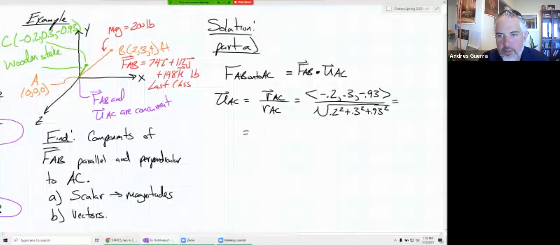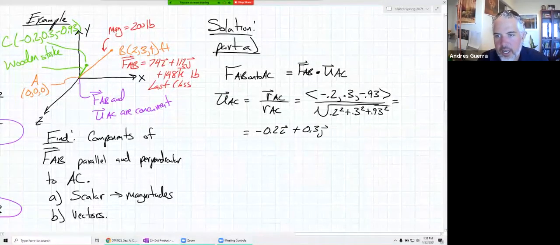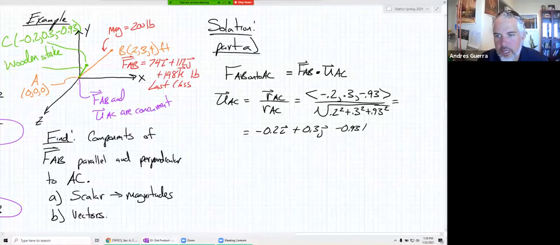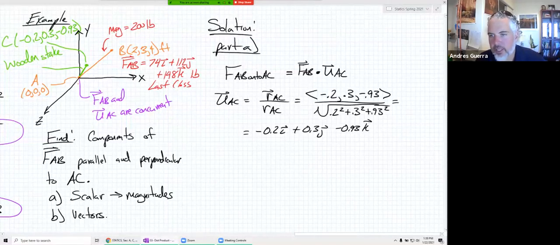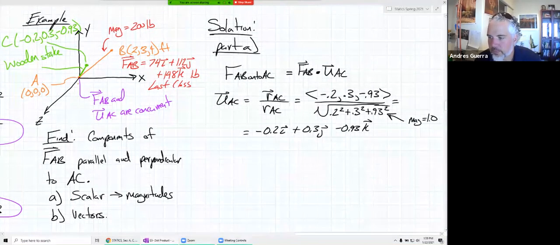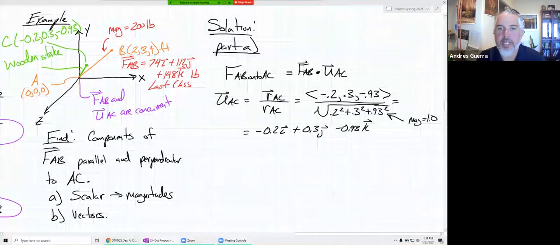And so this is just going to be a minus 0.2i, a positive 0.3j, and a minus 0.93 k hat. So there's our unit vector because the magnitude is equal to 1.0. Okay, but if it wasn't, you could do the same process. Okay, so now we have the unit vector.